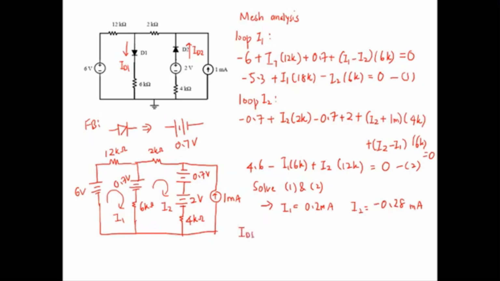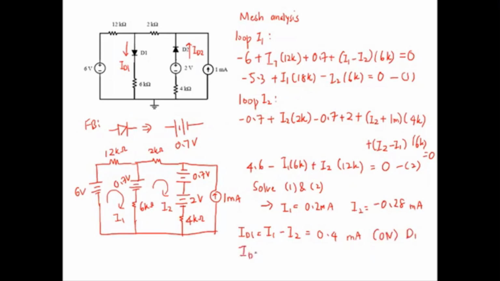ID1 here is moving downward, so this is I1 minus I2, which is 0.2 minus minus 0.28, so this is plus, equal to 0.48 milliampere. This is positive, which means it follows the drawn direction. So diode 1 is on.